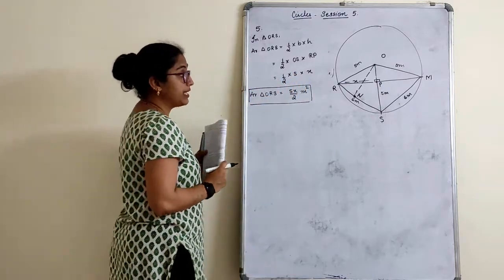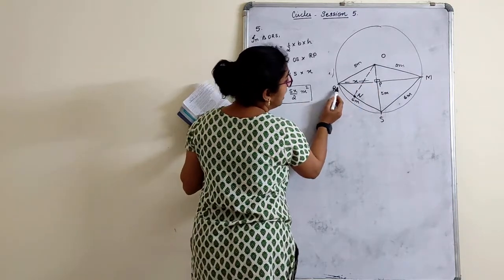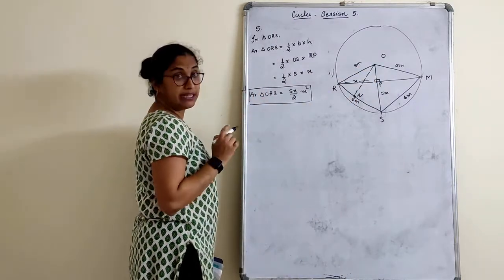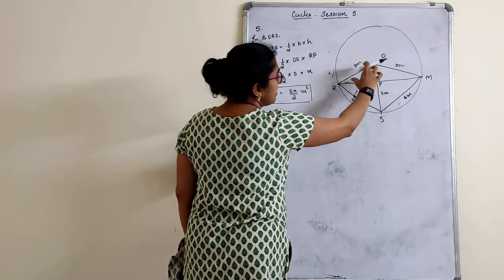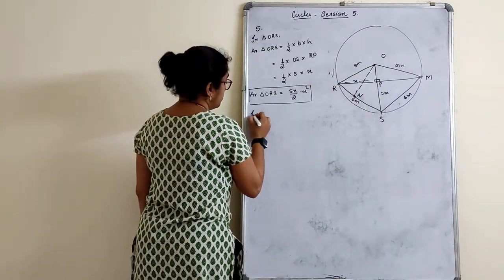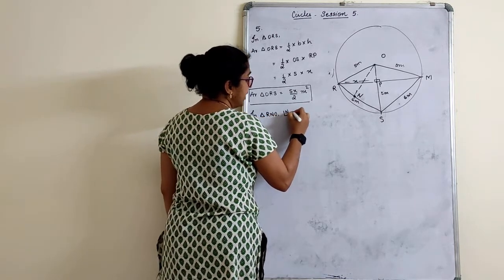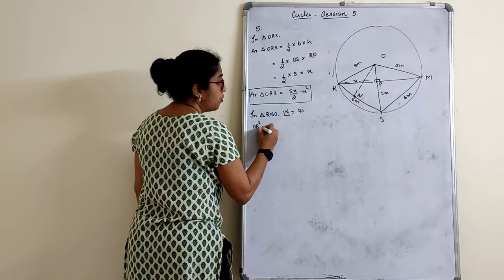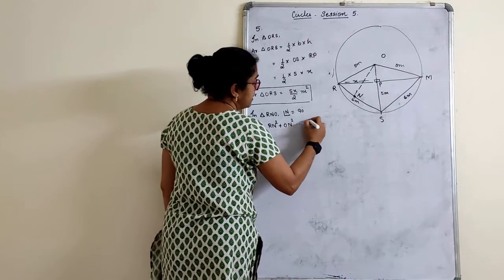Very clear? Now next we will consider a small part of the triangle, that is RNO. This part of the triangle we will consider and find the measurement of ON using Pythagoras theorem. Now why only this? I can even find this. It is the same. Either this part of the triangle or this part of the triangle, doesn't matter. So in triangle RNO, angle N is equal to 90 degree. Therefore, can I use Pythagoras rule here? OR square is equal to RN square plus ON square.